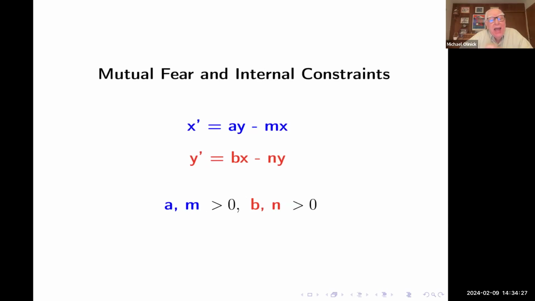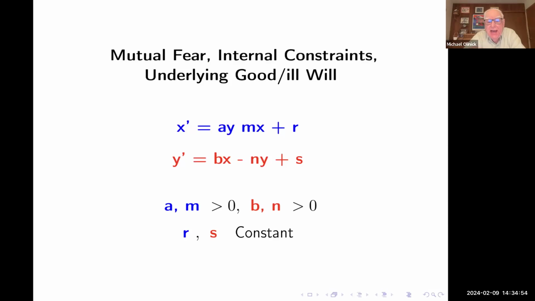We then add to the model these internal constraints, which say that the rate of change of my expenditures is negatively affected by how much I'm already spending. It becomes harder and harder to raise an arms budget that is already very high because the society has other needs that it needs to fulfill.